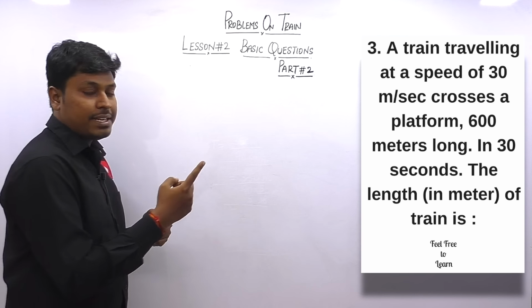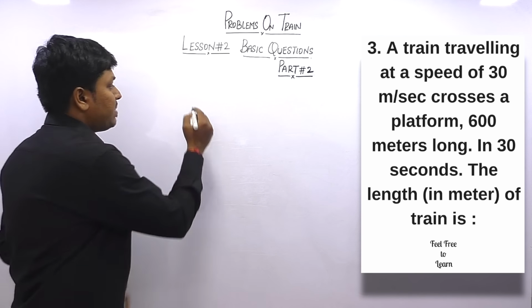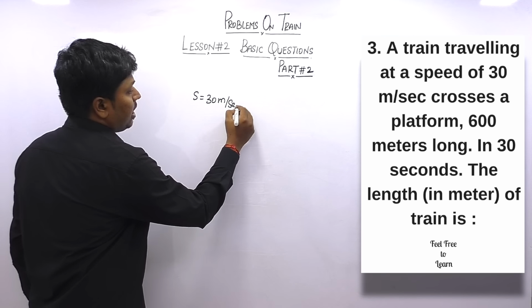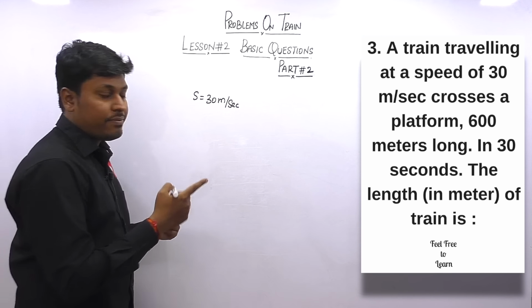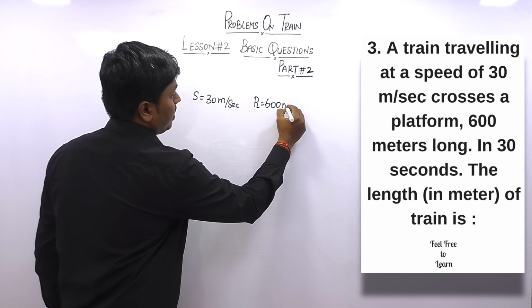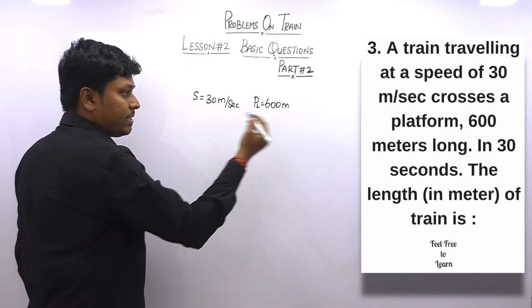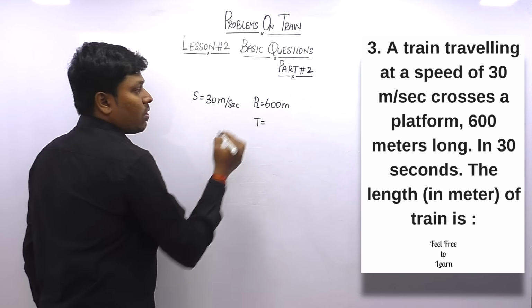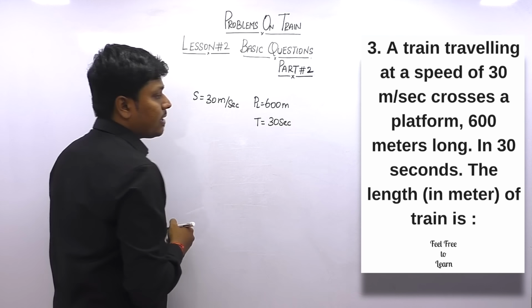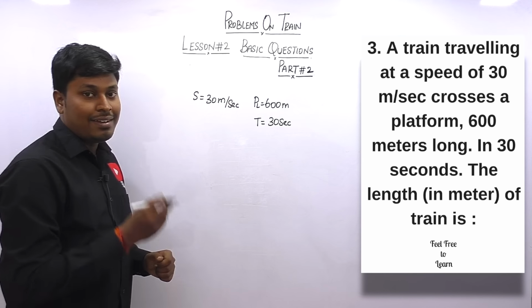A train traveling at a speed of 30 meter per second, where the speed of the train is given, 30 meter per second. And also the train crosses a platform where the platform length is given, 600 meter. And also time taken is given, right? So time taken by the train to cross a platform will be 30 seconds. So by using this data, our target is to find the length of the train, which is distance, right?